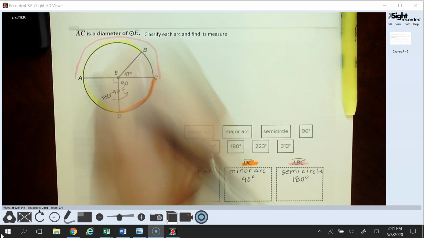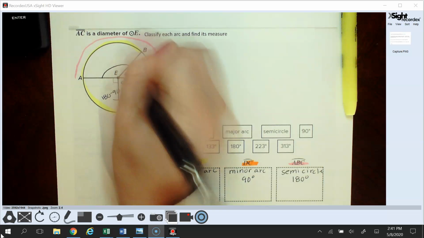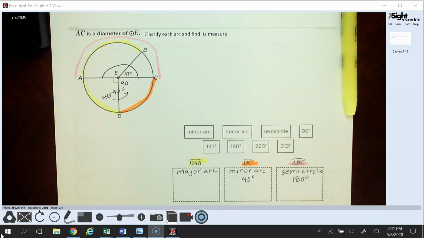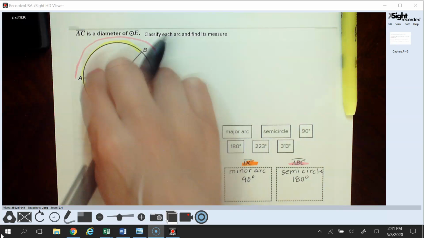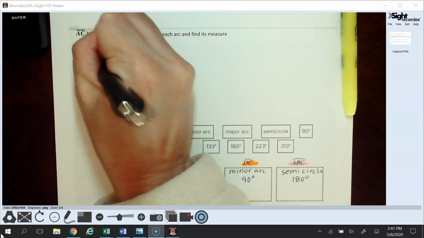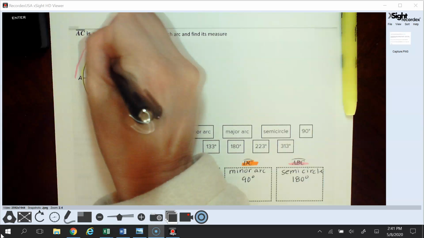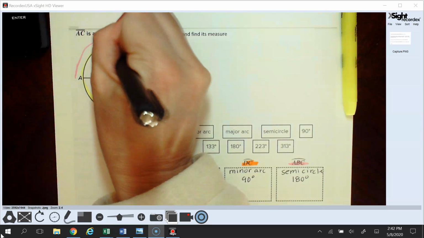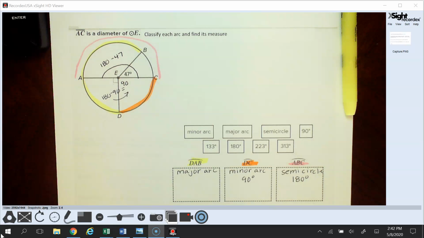Now right here, I have another semicircle thing. That may come into play because I need to know what this little region is. So to get this little region, I'm going to take 180 minus 47.